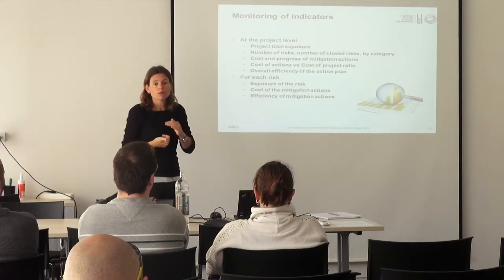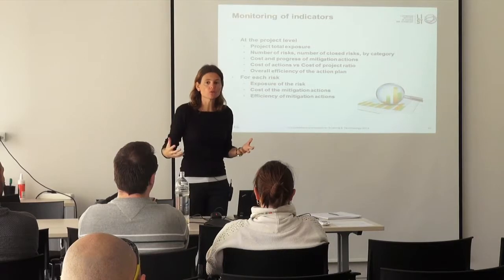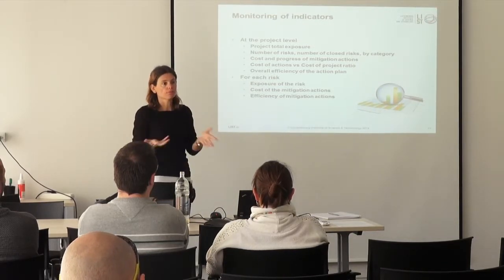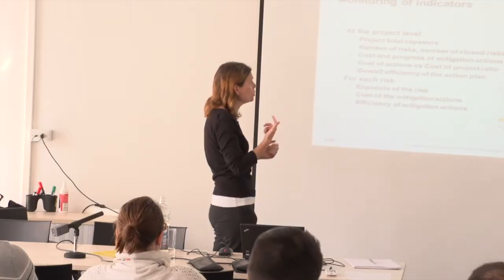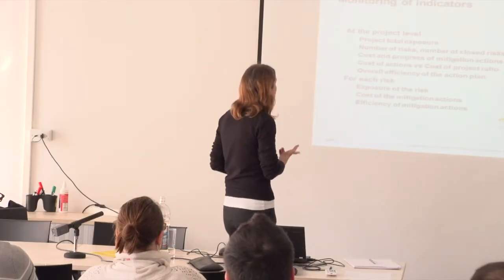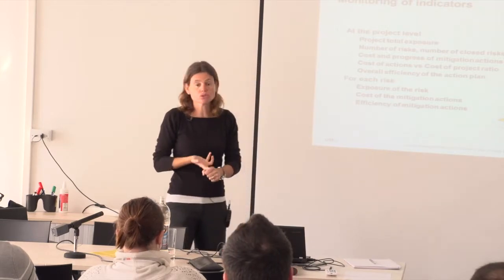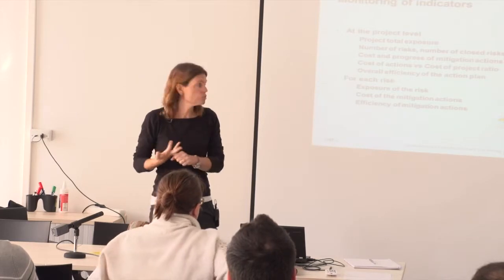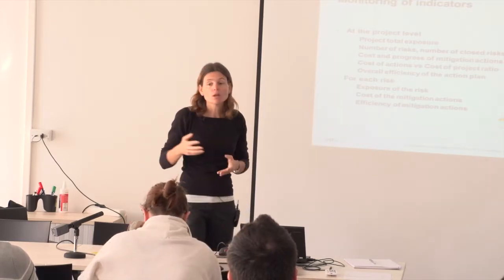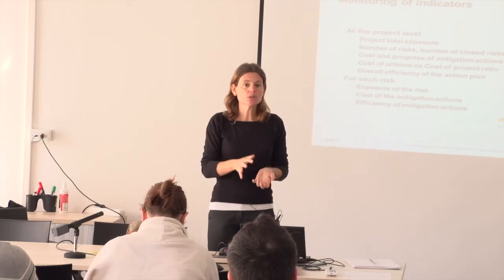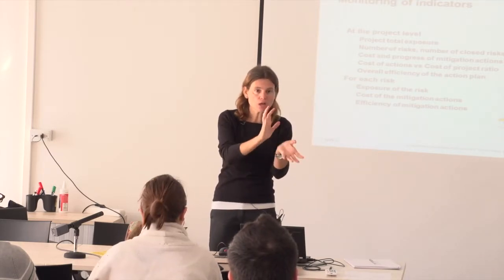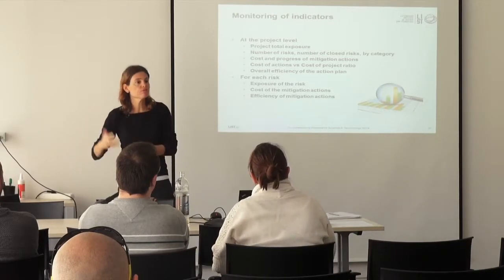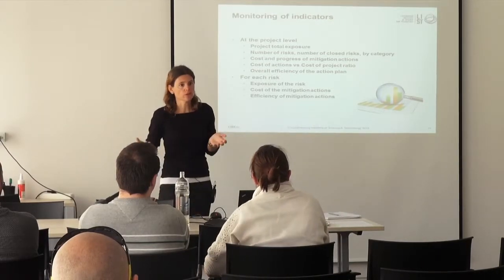If you want to give some figures about risk management, you can always report on the number of risks, on the number of closed risks, on the cost of the actions, on the cost of the actions versus the cost of the project. Okay, we spent some time on risk management, but comparing just our few mitigation actions to the total cost of the project, this is only 5%, so it's okay.